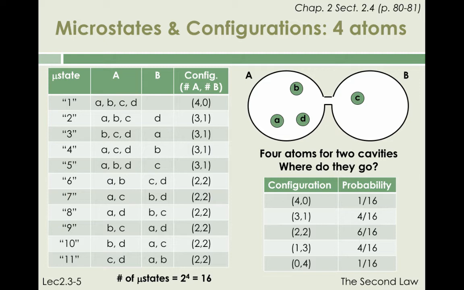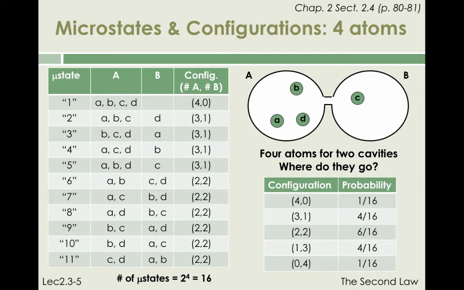Again, while any microstate is as likely to be observed as any other, the most probable configuration of the four-particle gas system is that exhibiting two particles in each container. This 2,2 configuration is actually 6 times more likely to be observed than the least probable configurations 0,4 or 4,0.